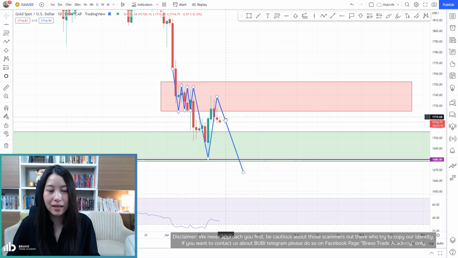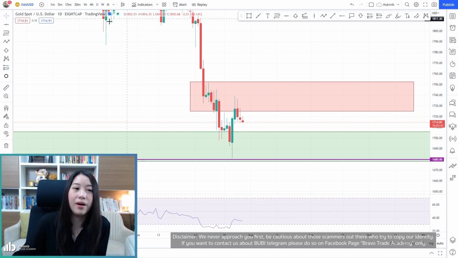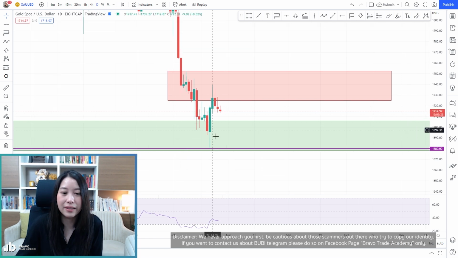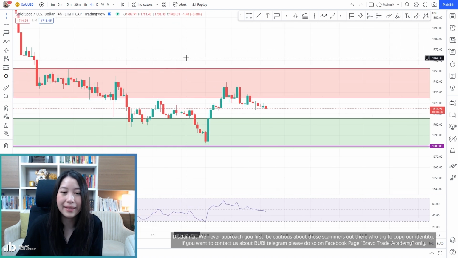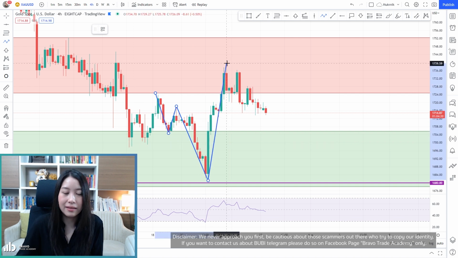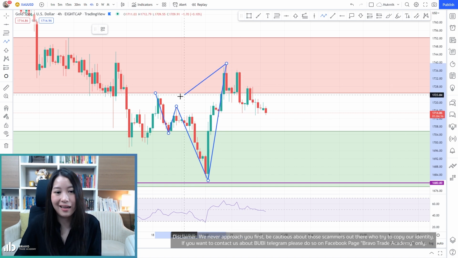However, if you remember from our last video from yesterday, we do have the buying plans, which is around here. And that was the QM buy pattern, if you remember. So the price made kind of like a downtrend back here, and this time it has a higher high than this one.